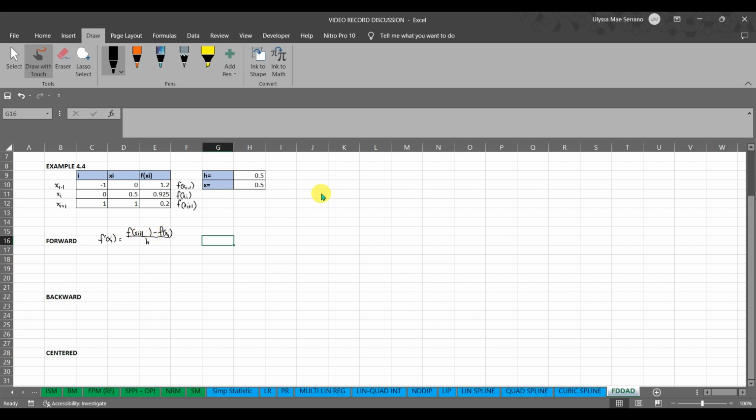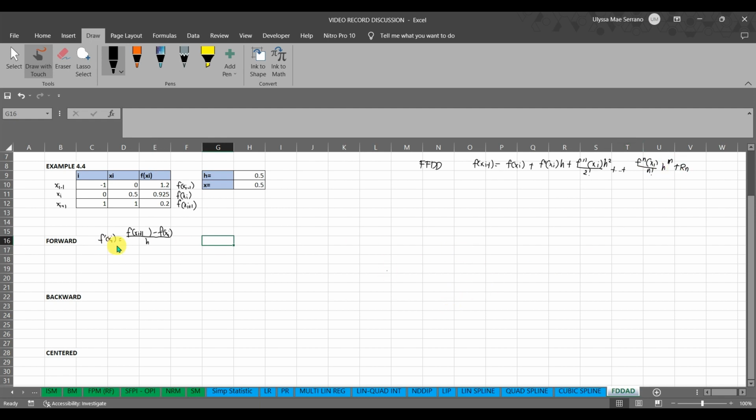If you recall the Taylor series, forward finite divided difference, the function of x sub i plus 1 is equal to the function of x sub i plus the first derivative of the function at x sub i multiplied by h, plus the second derivative of the function at x sub i, h squared over 2 factorial, until the nth derivative of the function at x sub i all over n factorial multiplied by h raised to n, plus the remainder R sub n.